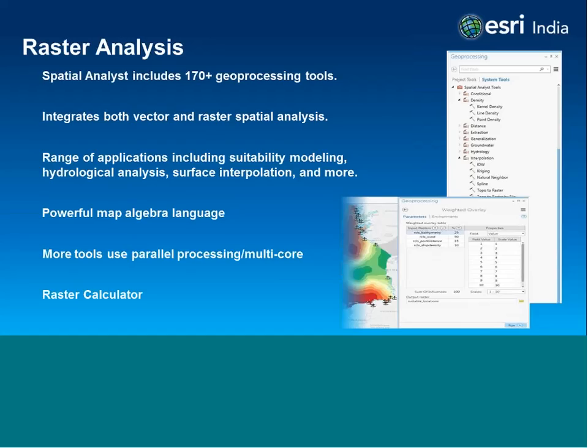You can do spatial analysis together on vector and rasters. So it's an integration between your vector and raster spatial analytics workflows, which can also be extended using the Model Builder if required. Lots of enhanced features have come towards the hydrological analysis level, surface interpolation level, and many more. And there are lots of more tools which have been added to it.